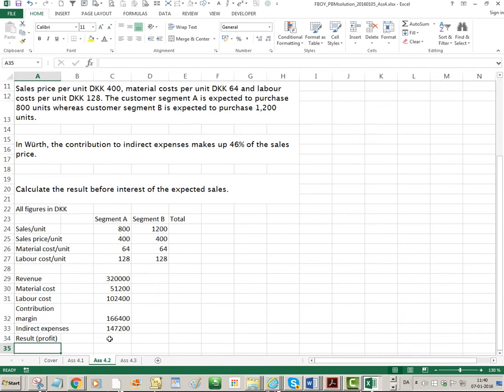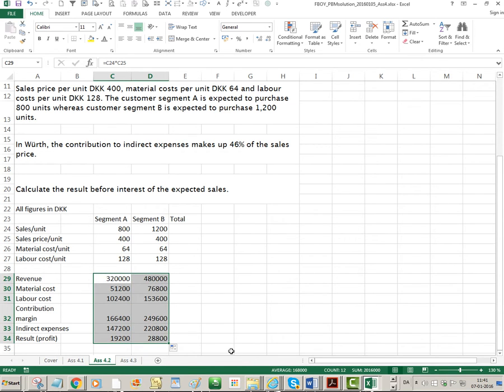Okay, so maybe this is more or less at the EBIT level. Okay, what can we do about this? We would say, okay, so we have the contribution margin minus the allocated indirect cost gives us so much. We can repeat that for the other segment, and I think actually my formulas will survive that. So we get this.